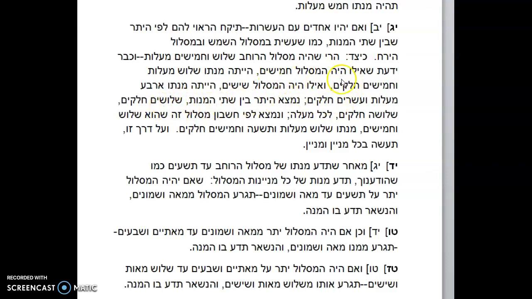Shlosh halakim. So each degree is averagely 3 halakim. So according to that, if it's 53, we take 9. Just add 9. That's simple, basic, elementary math to find the average. And I hope everybody knows that already.